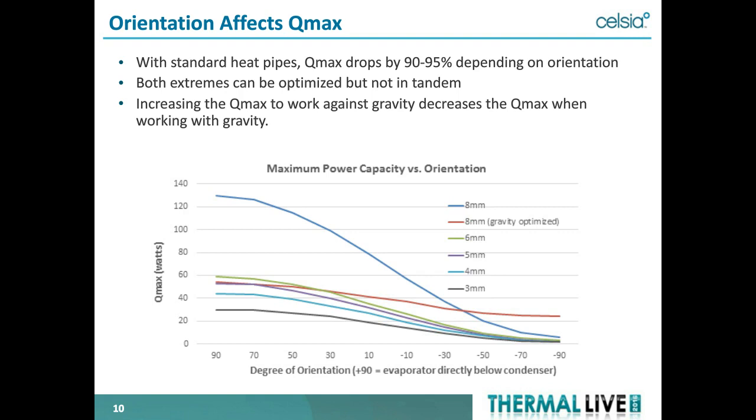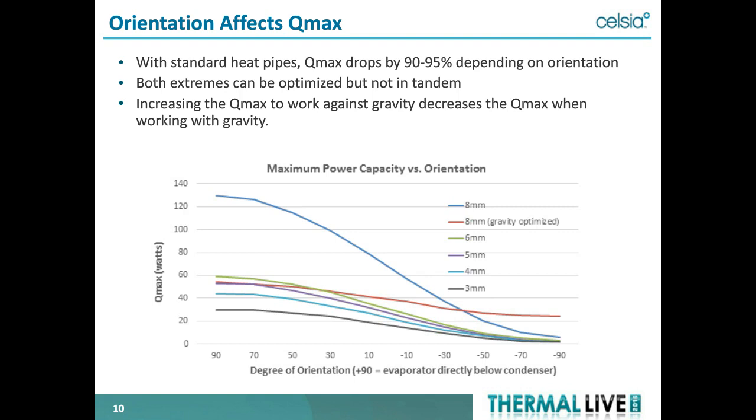And we go from a positive 90-degree angle where the heat source is at the bottom and the cooling is at the top, to the minus 90 where that's turned around, where the heat source is at the top. And you can see that once you get to, say, minus 30, the performance really drops off. A lot of this is a function of the length of the device.